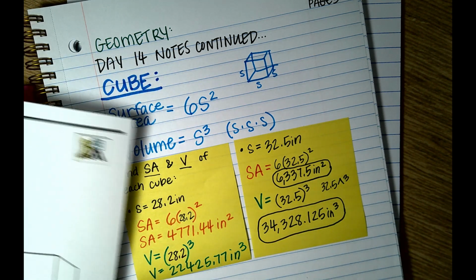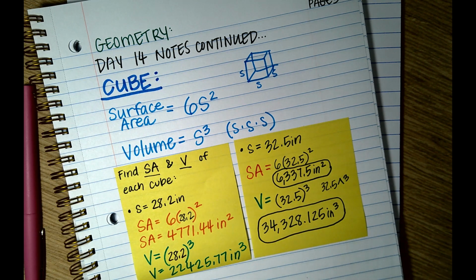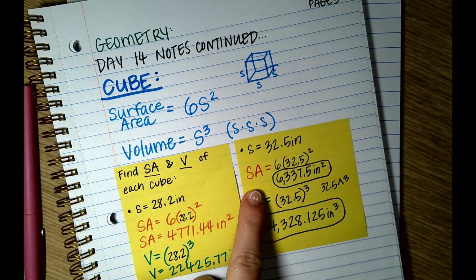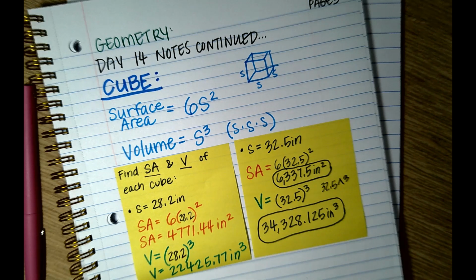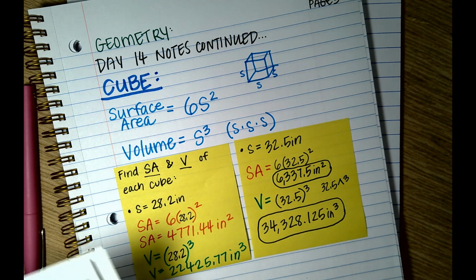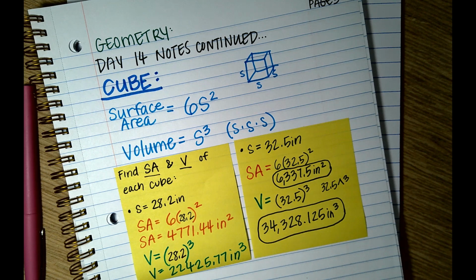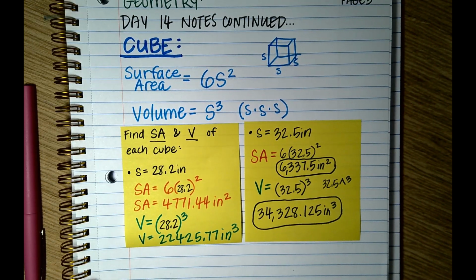We're going to measure the side lengths, make sure they're all the same, and I want you to find the surface area and the volume of what this cube will be. But I also want you to cut this out and try to put this cube together. We're going to make little cubes today. So let me pass these out, and I'll keep this up here for you to see.